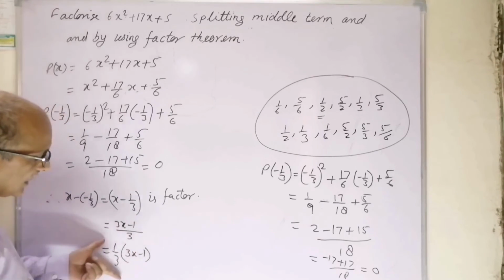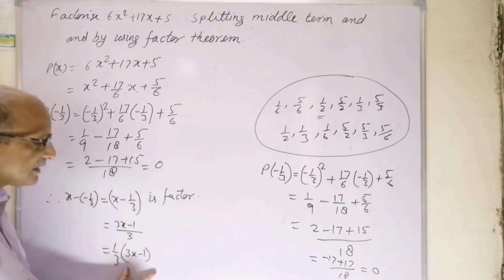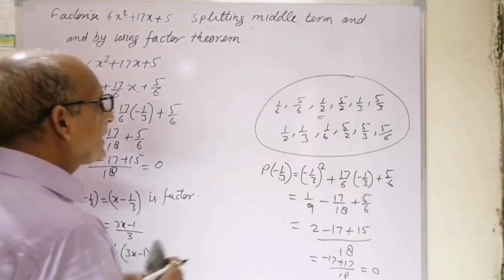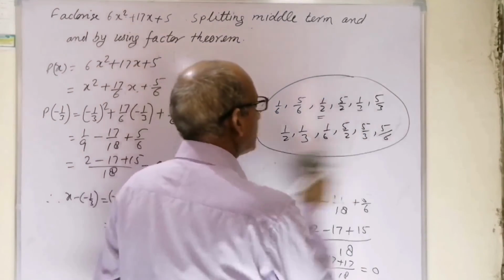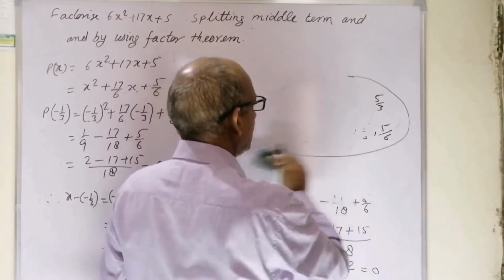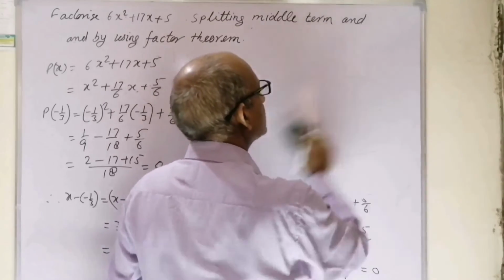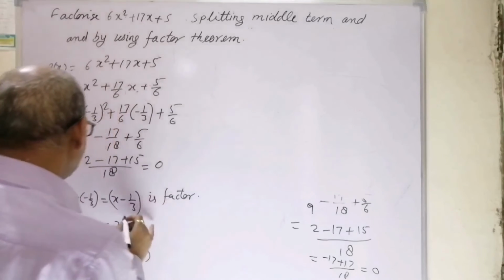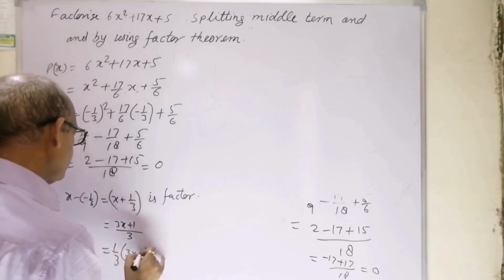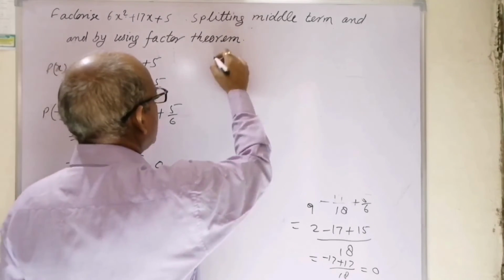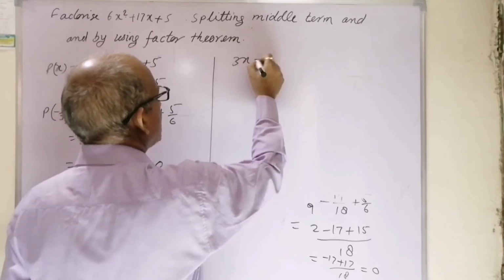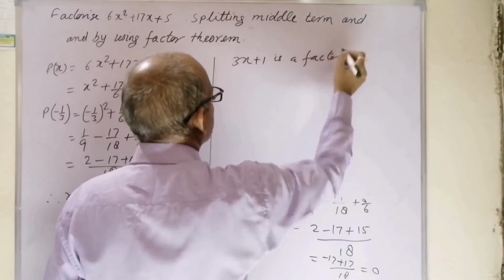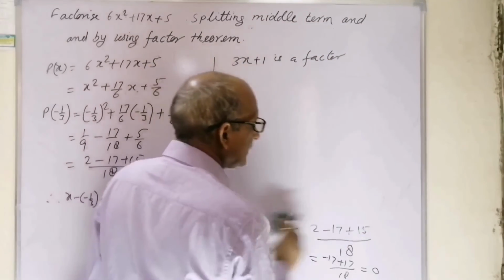So this is our additional matter. Polynomial is this one. So we can declare here 3x plus 1 is a factor. I think it is clear.